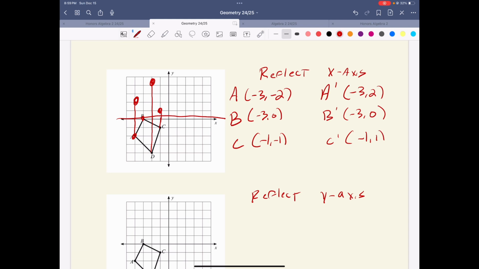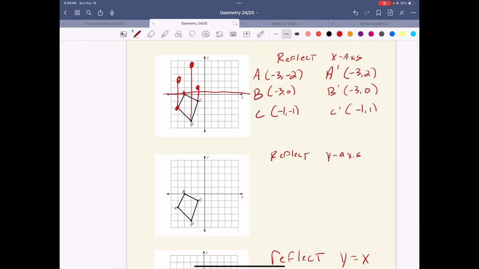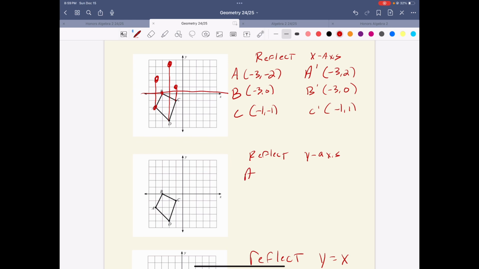Okay? If we reflect it across the y-axis, again, our a values aren't going to change. They're the same graph that we had before. B is at negative 3, 0. And c is at negative 1, negative 1. But now we're going across the y-axis. There's my new graph.